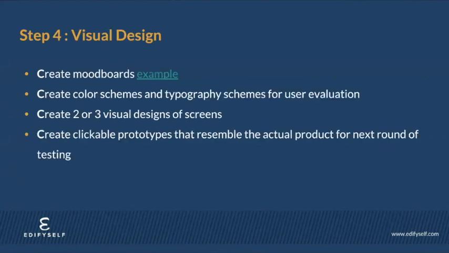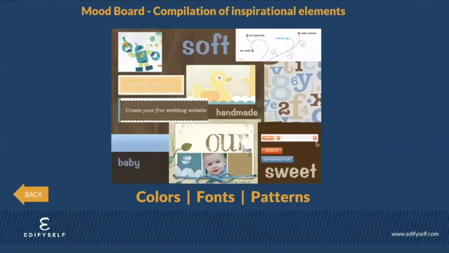So once your wireframes are done, your basic experience has been designed. Now the next step is to beautify the product and carry out the visual design. The first step is mood boards. Mood boards are nothing but a collage of all the different design elements that you wish to use in your final visual design.